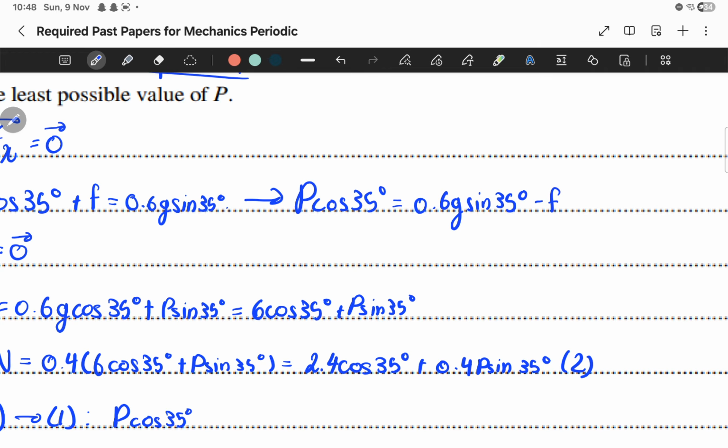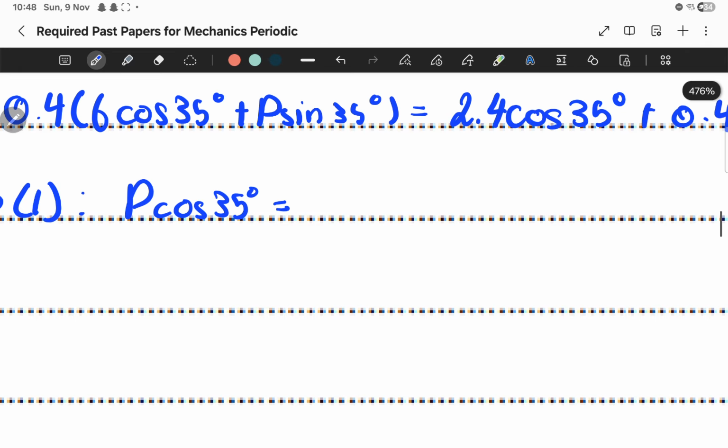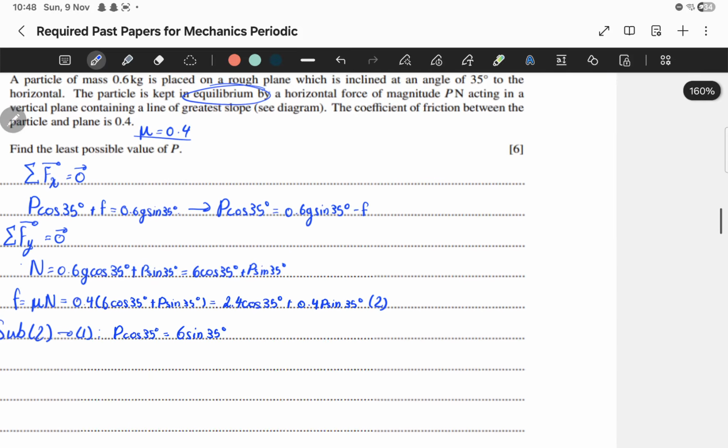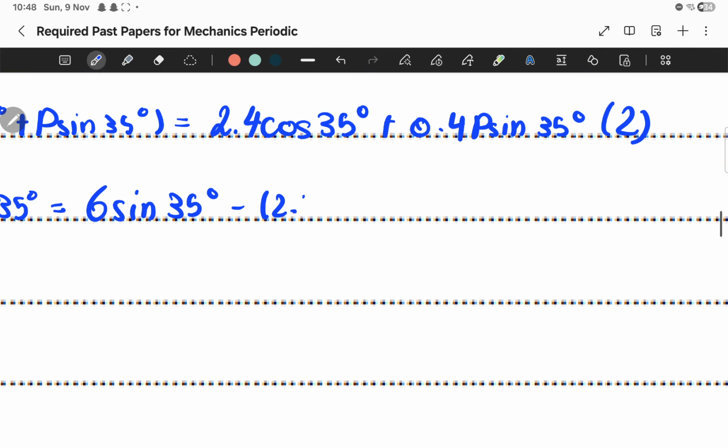Now this is very easy, right? Because I have p on one side. So p cos 35 is equal to 6 sine 35 degrees minus all of this, 2.4 cos 35 degrees plus 0.4 p sine 35. Since this is all under a bracket, I can distribute the minus sign.